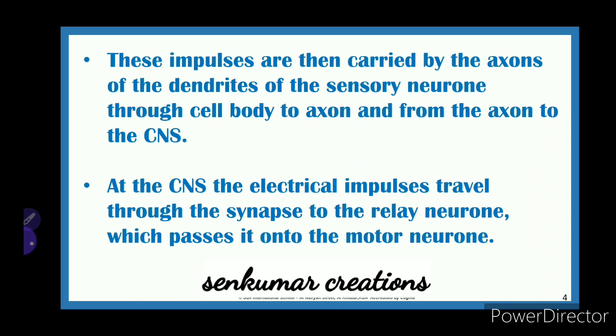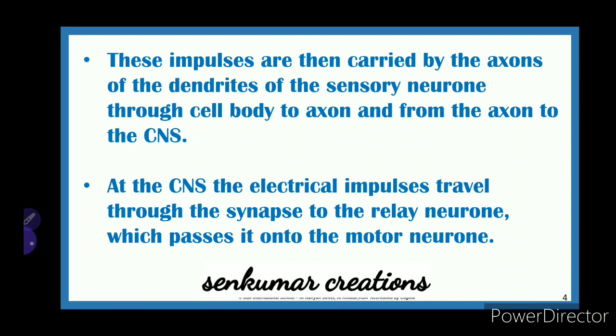We know very well about the functions of the relay neuron, right? So once again, I am just revising the functions of the three neurons. You just listen to me. The sensory neuron transmits impulses from sense organs or receptors to the central nervous system, such as the brain and spinal cord.